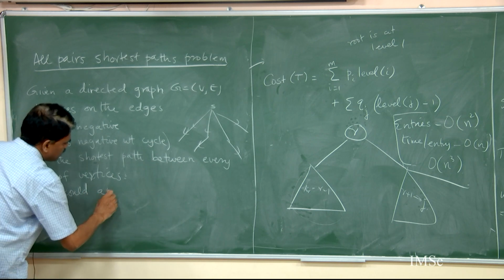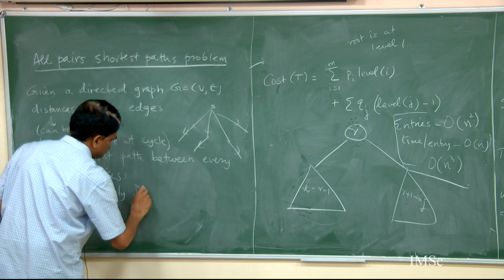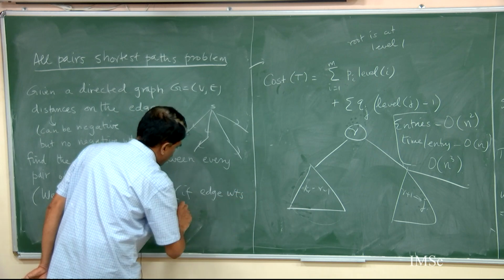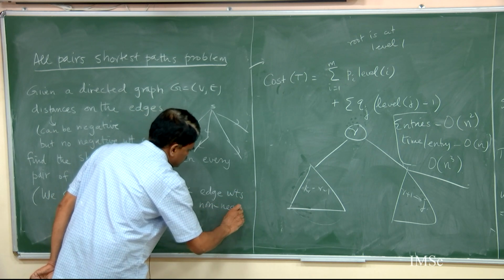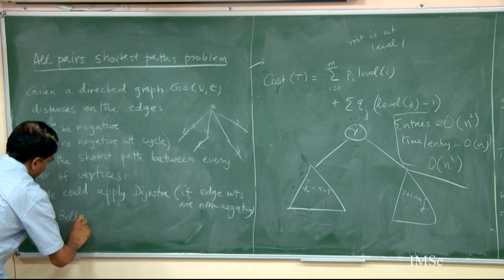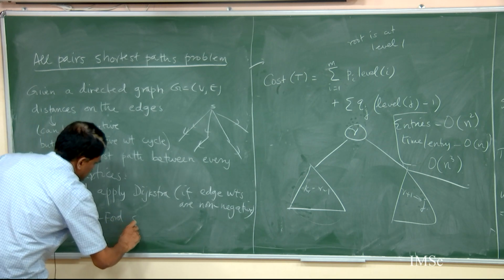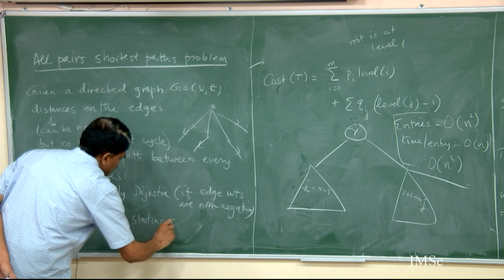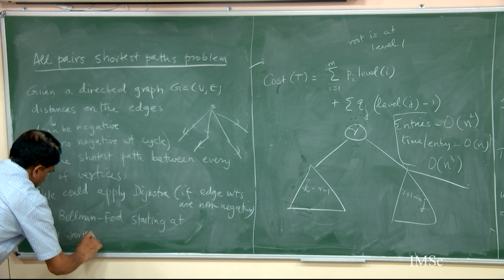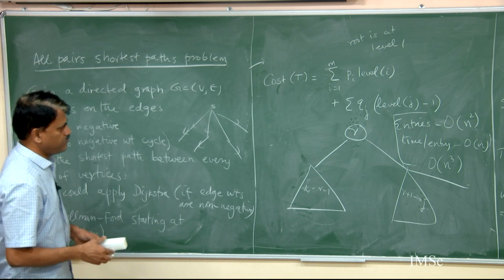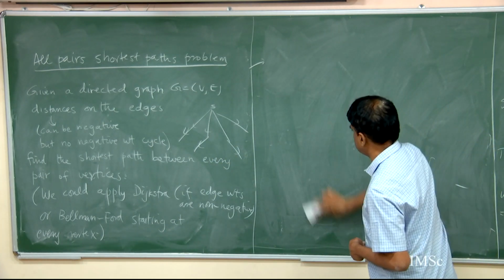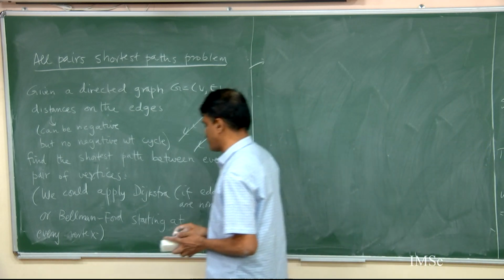But we want to do something better. If edge weights are non-negative, or Bellman-Ford starting at every vertex, so this Bellman-Ford, if you apply, it will be like n to the 4.